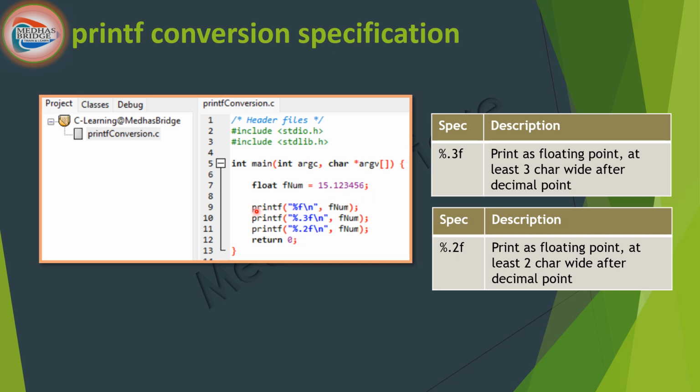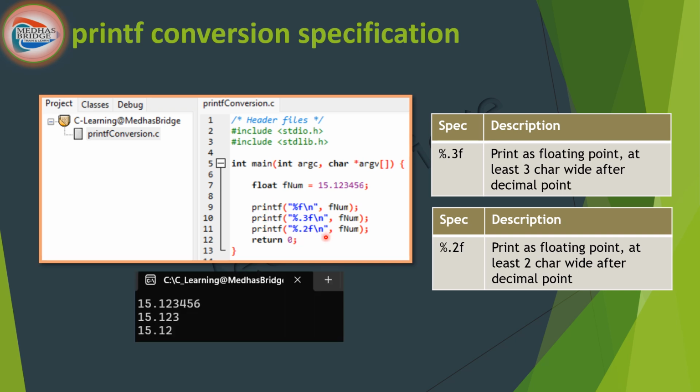So let's see how these three printfs are going to display the output. Do you see this one? The first one displays the complete number as is, because no justification is specified; by default it is left. Now look at .3f. It means 3 characters after the decimal point are displayed, so it truncated the rest.